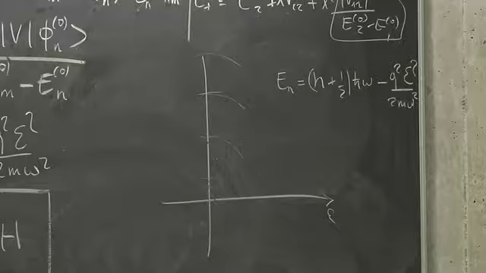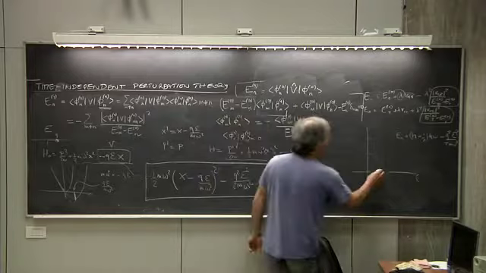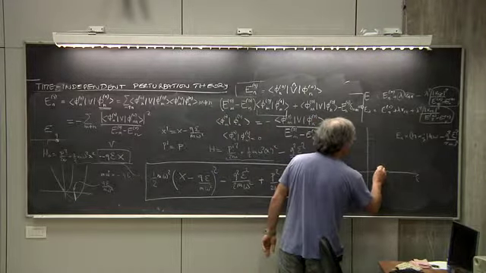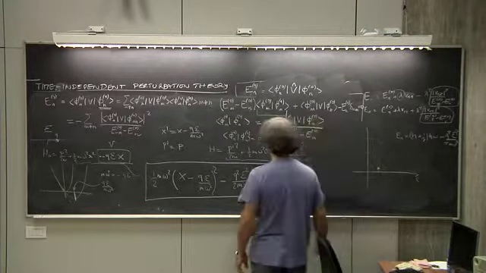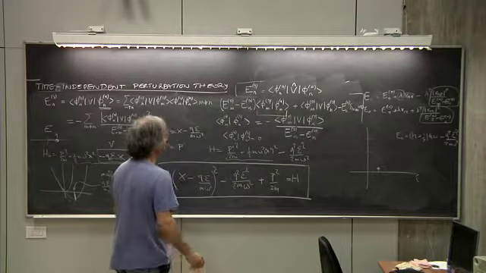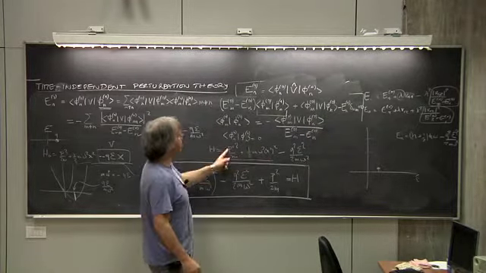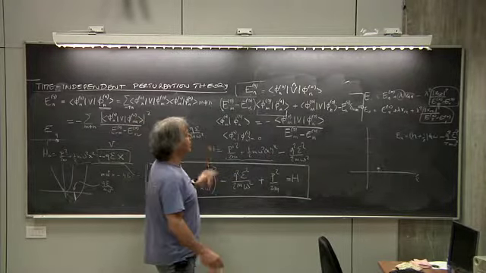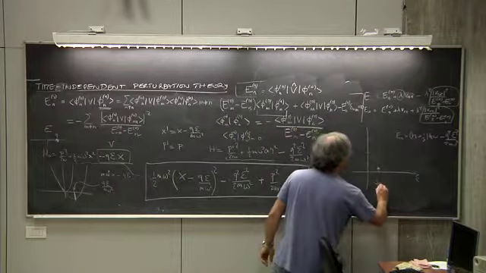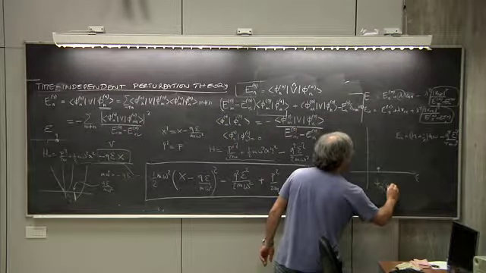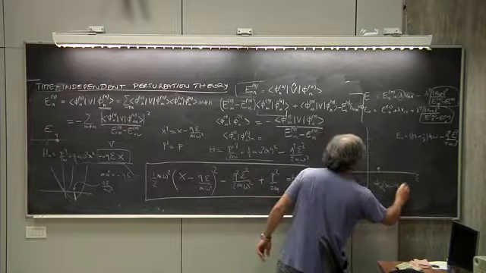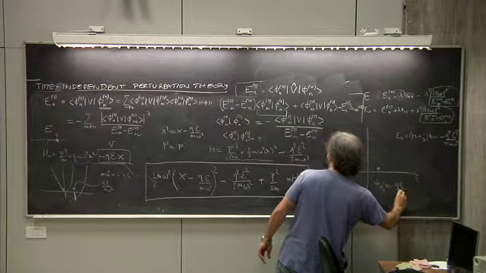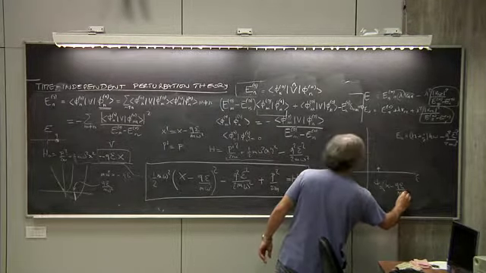If I ask you the eigenstates, however, for instance, what is the eigenstate associated to this problem at a certain electric field? Well, very, very simple. It's the eigenstate of the harmonic oscillator, however, in the variable x minus that. So what is it? It is psi 0 of x minus q epsilon over m omega square.